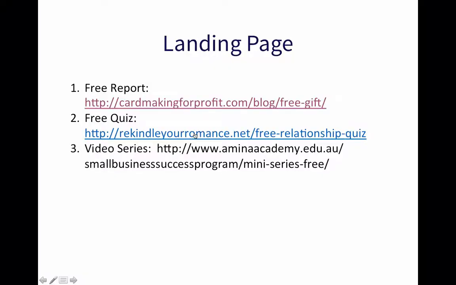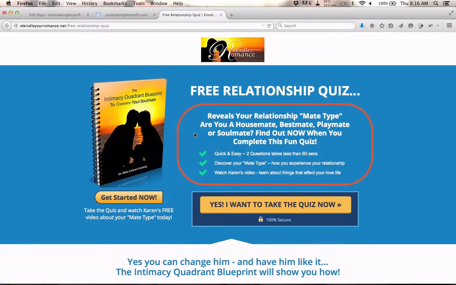Here's another one to a free quiz for anyone who wants to set up a quiz. And this is a free relationship quiz, reveals your relationship mate type. Are you a housemate, best mate, playmate, or a soulmate? Find out now when you complete this fun quiz, then fun and easy. And then people can click on here. This is actually done in Lead Pages, which is somewhere where you can build web pages.